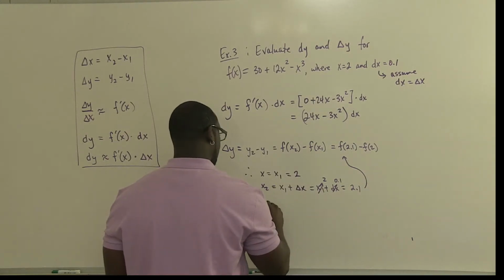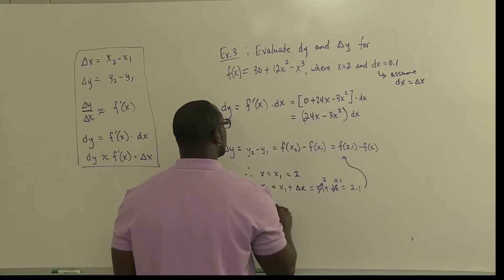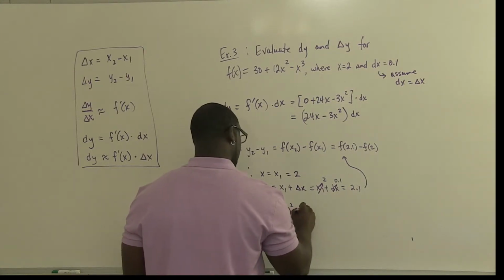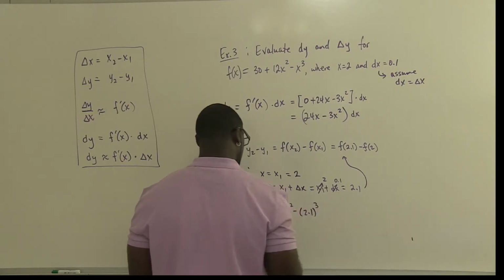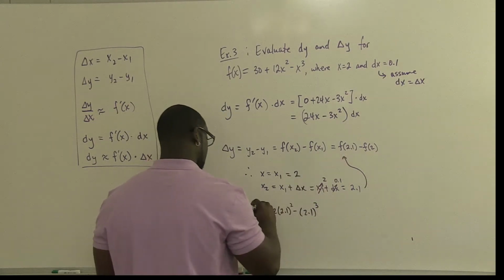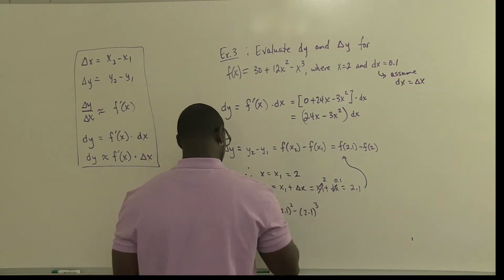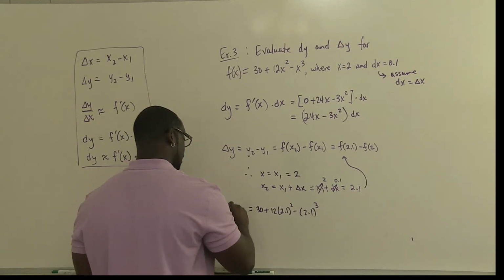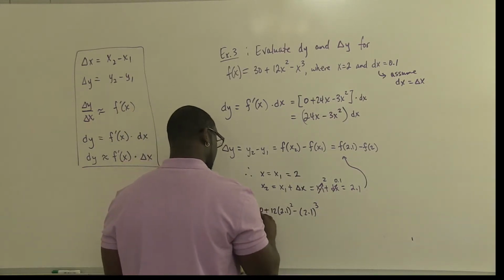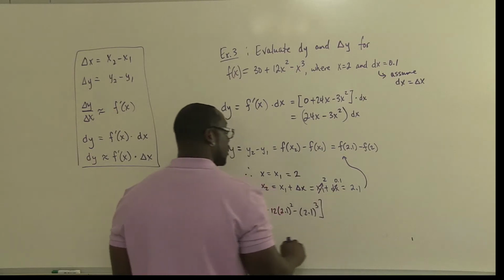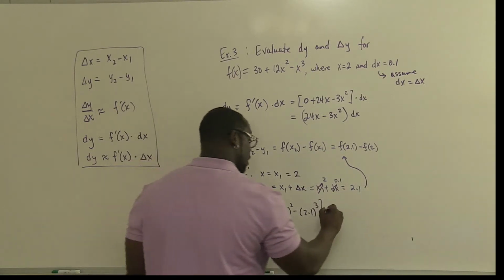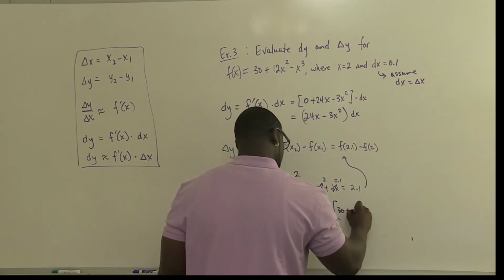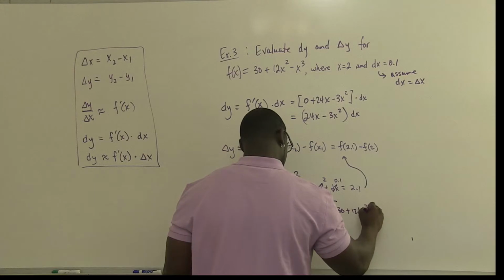We have 30 plus 12 times 2.1 squared minus 2.1 cubed. So that will be this part. Let me go ahead and label that to make sure we're following everything. So this is f of 2.1 minus f of 2, where we'll come back and just plug in 2 for everything.